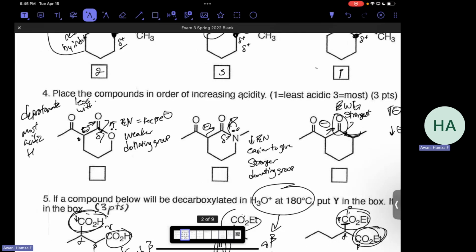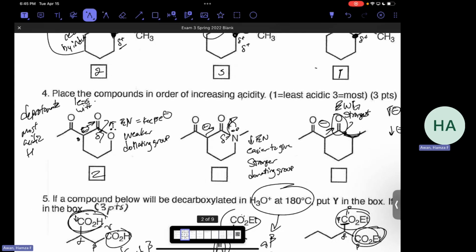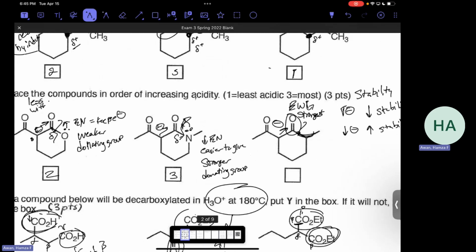And because of that, that is going to make this 2 and this one 3 and this one, no wait, 2, 1, 3. Right, 2, 1, 3.